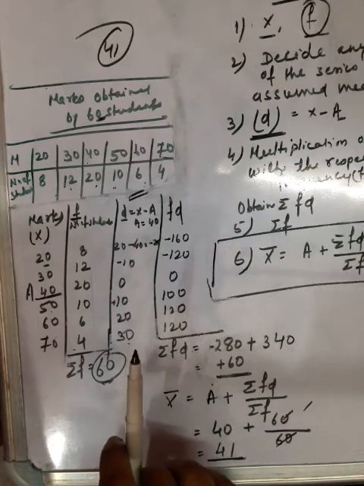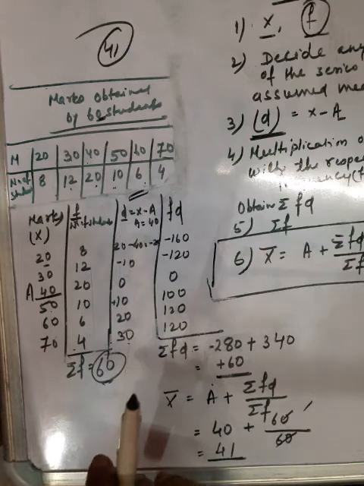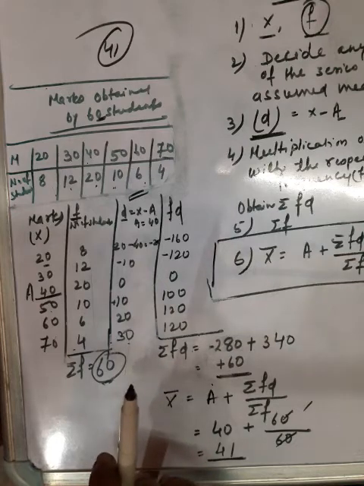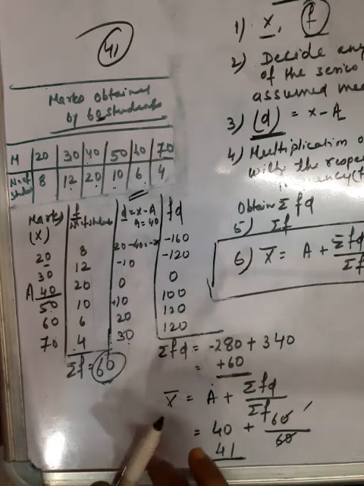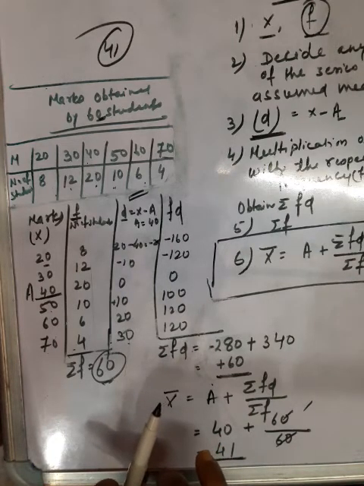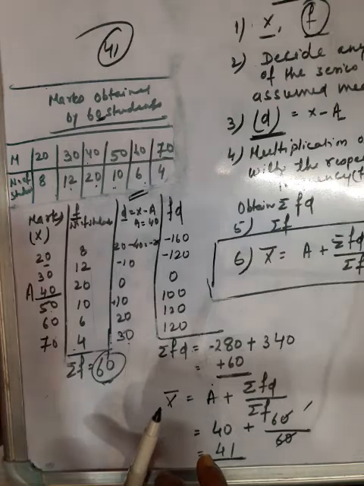And in step 1, we have to find a common factor in the step deviation method. What are the steps of the step deviation method and the process of calculation to find the arithmetic mean, I will discuss in my next video.